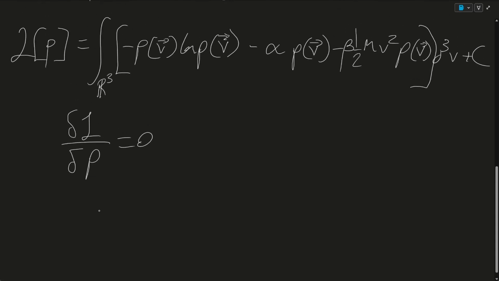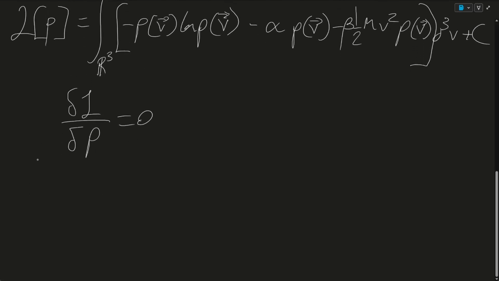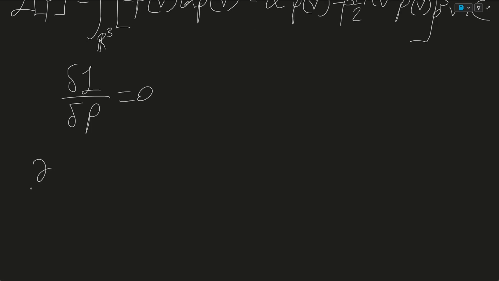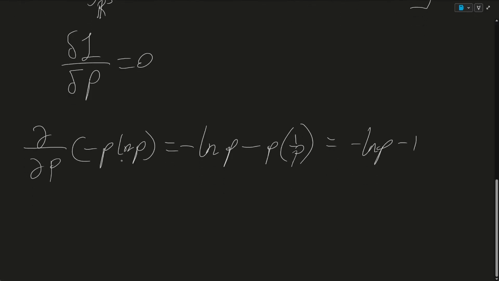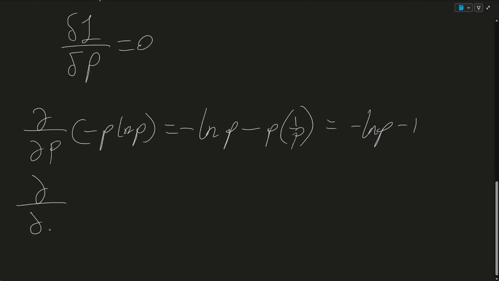And so we can differentiate the integrand with respect to P. So the partial with respect to P of the first part, which is minus P ln P, is just minus ln P minus 1, because it's P times 1 over P. And the second part, with respect to P of minus alpha P, is just minus alpha.